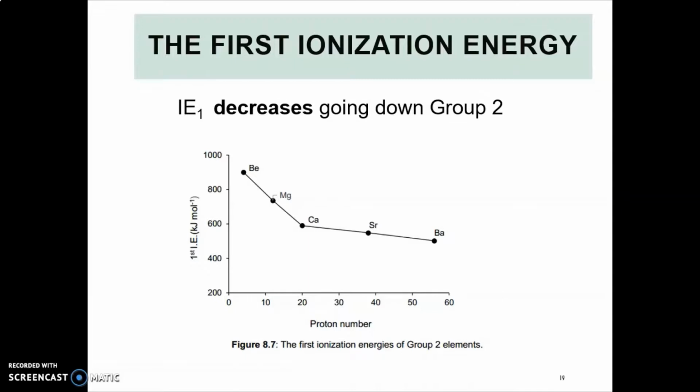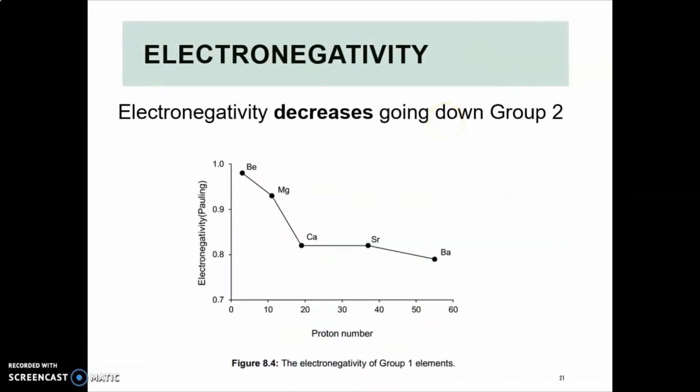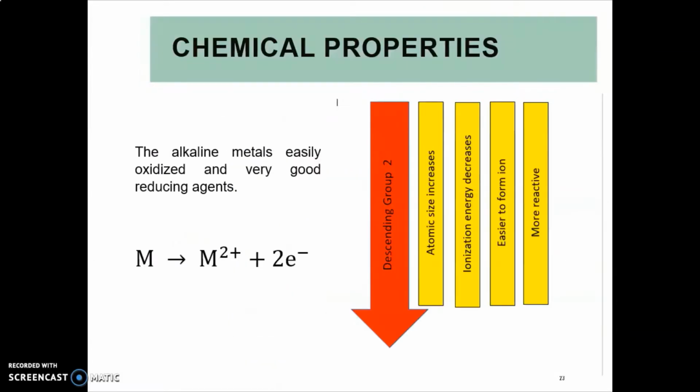The first ionization energy decreases when going down group 2, and the reason is also the same as group 1. The electronegativity also decreases when going down group 2, and the reason is also the same as group 1.